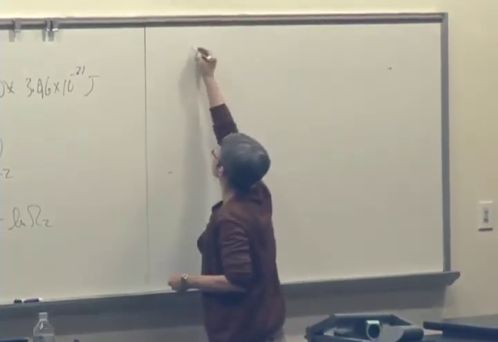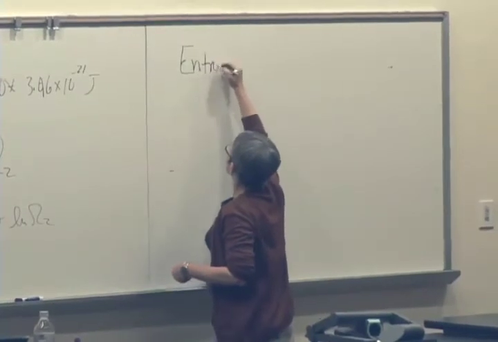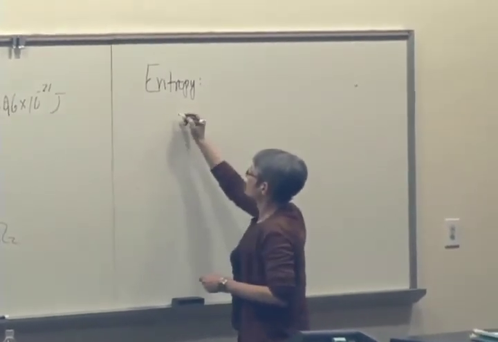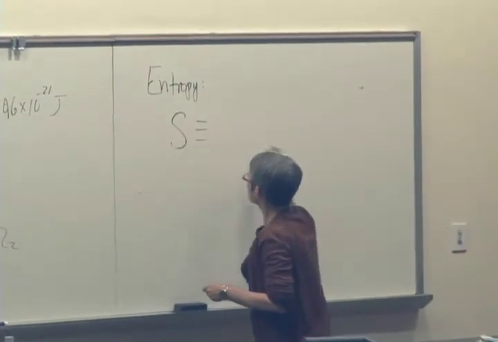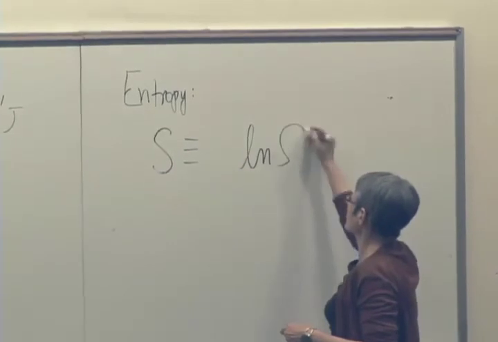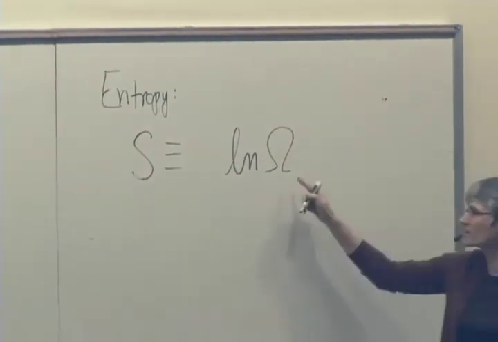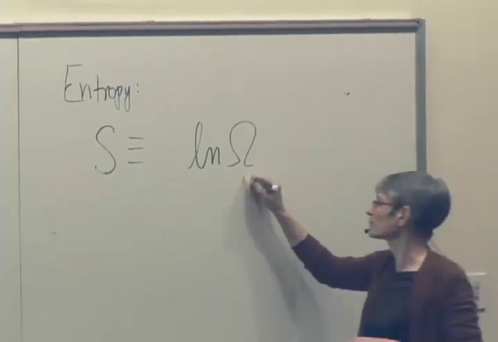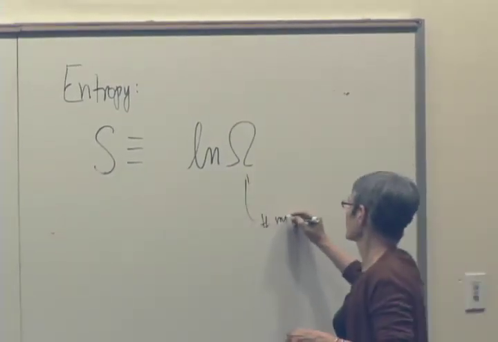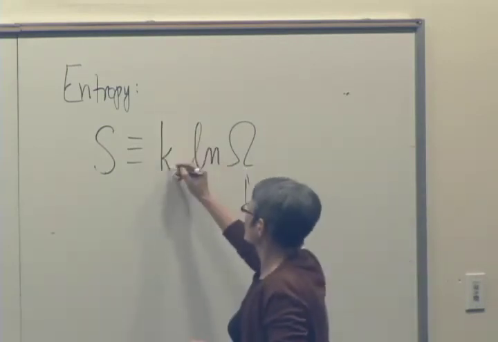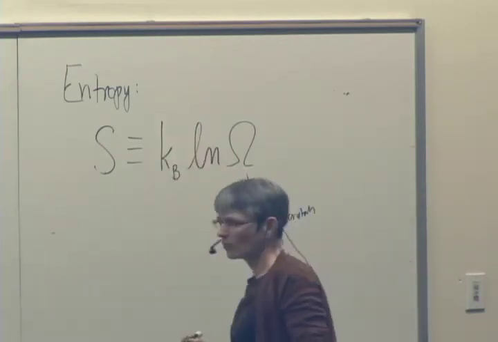So S is the symbol for entropy. And on a microscopic level, you can calculate entropy by this equation. We have the log of the number of ways of arranging the energy, the number of microstates, and there's just a constant here. It's called the Boltzmann constant.